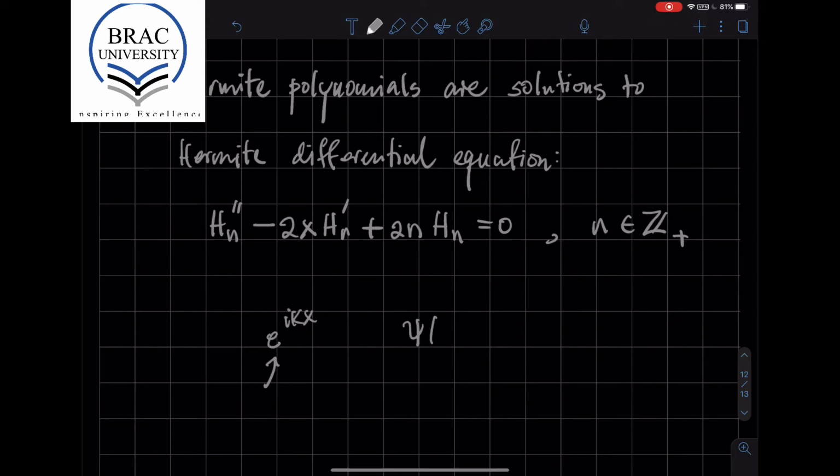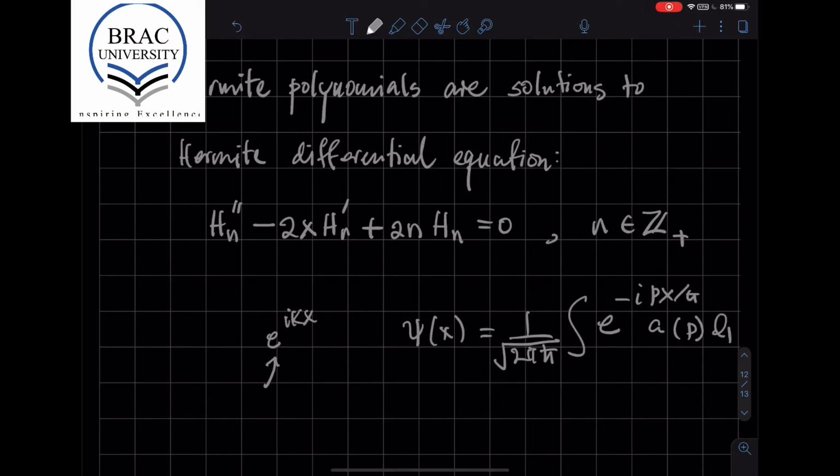If you have a function of x, we can express this as 1 over the square root of 2 pi h bar, times the integral of e to the power minus ipx over h bar times a of p dp.